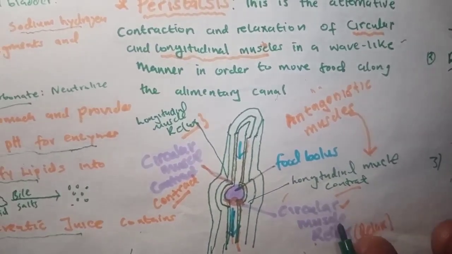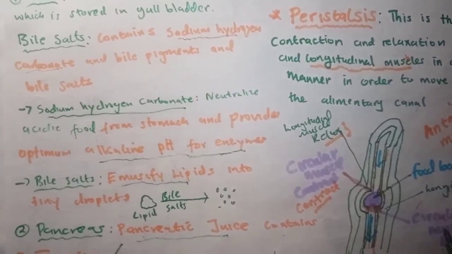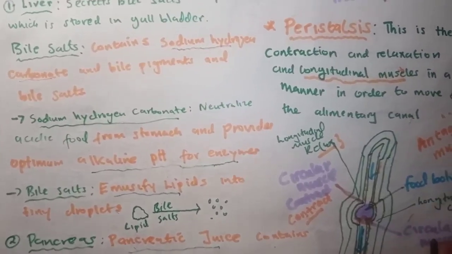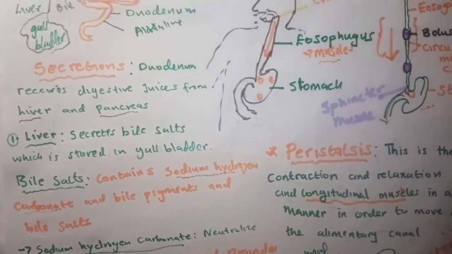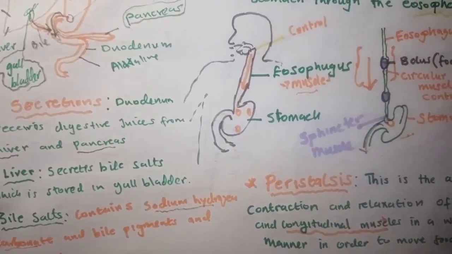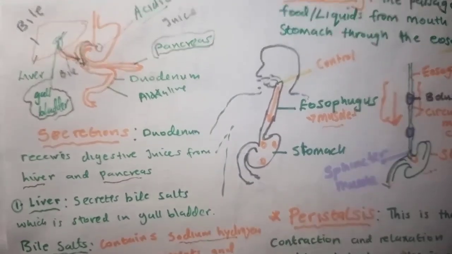So there are many ways that ECZ can prepare questions on digestion, and you have to know all the parts of the alimentary canal. We discussed that the alimentary canal starts from the mouth and ends at the anus, and they'd ask you any question on any part of it.